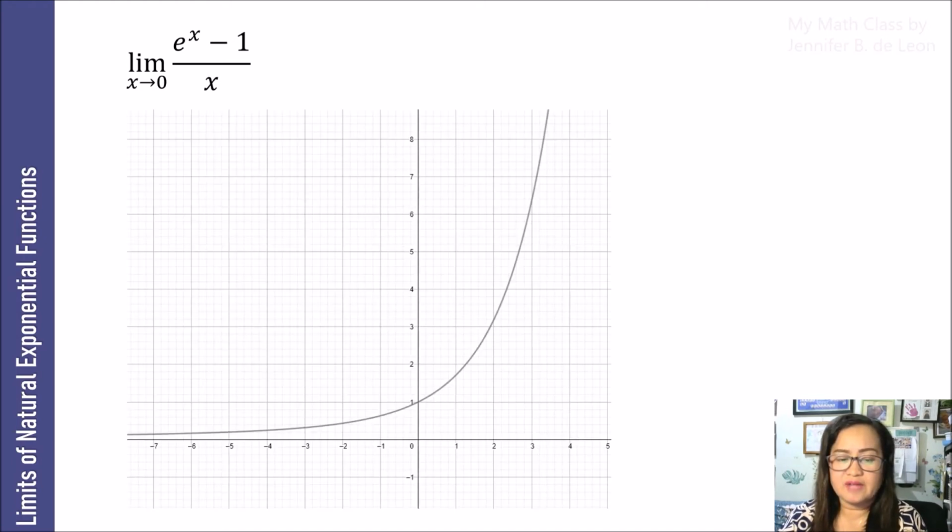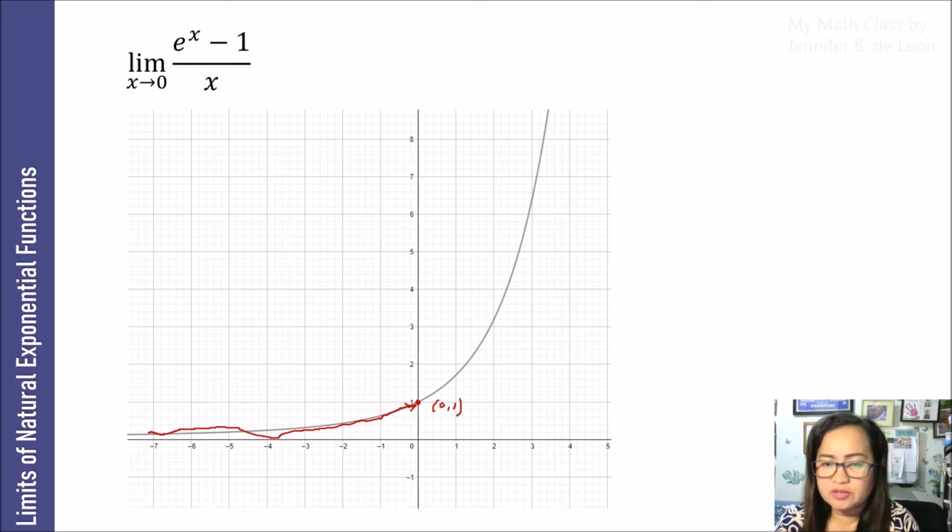Here's the graph. Now we have x approaching 0. Here is the point where the abscissa is 0. Now as we approach that point from the left, our value of the function gets closer and closer to 1.